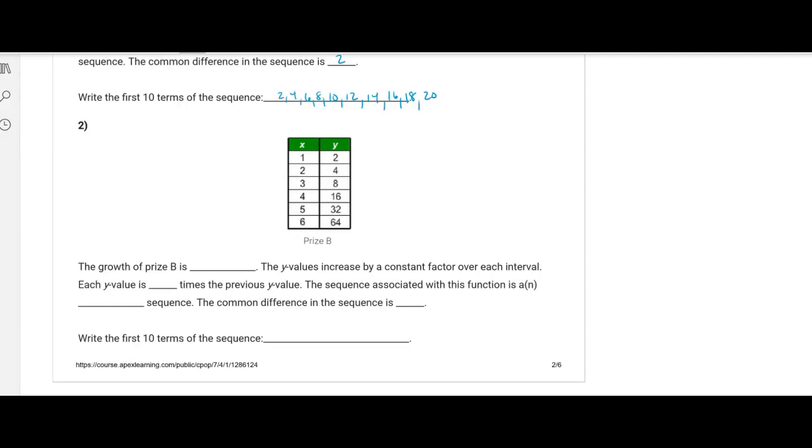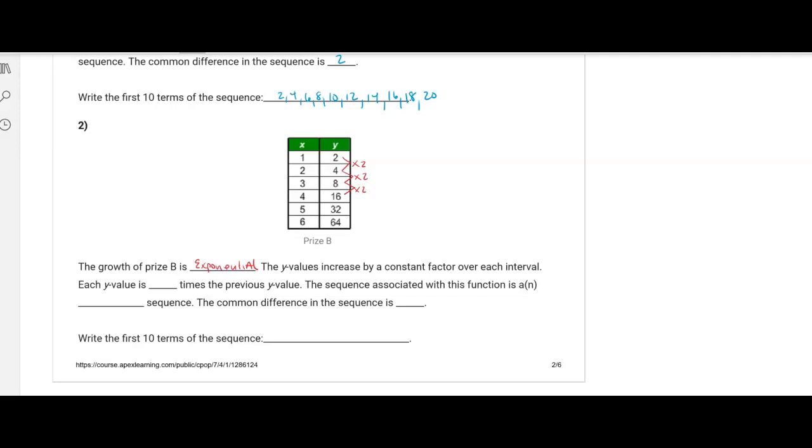So when we look at this table, if this is prize B, what is the growth of prize B? Well, if I look at 2 to 4, 4 to 8, 8 to 16, what am I doing each time? I'm multiplying by 2. So the growth of prize B is exponential. The y values are increasing by a constant factor over each interval.